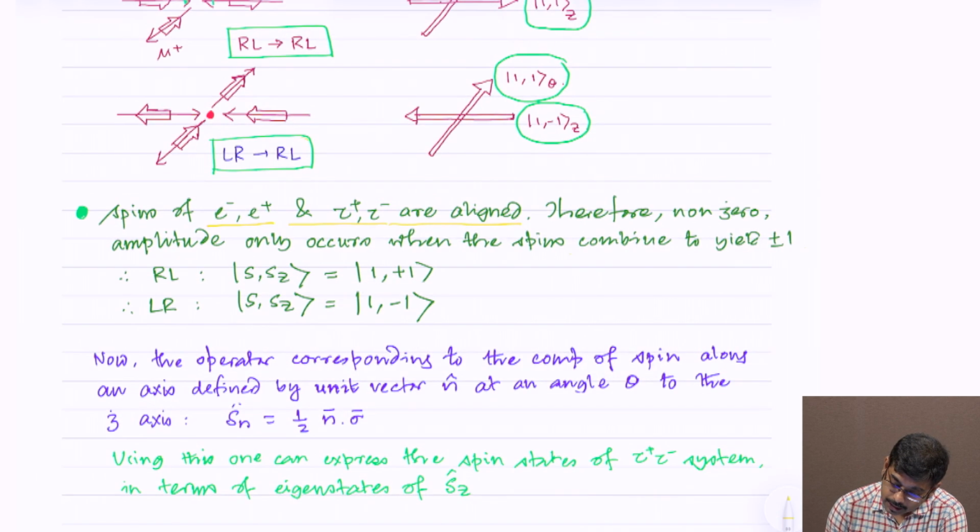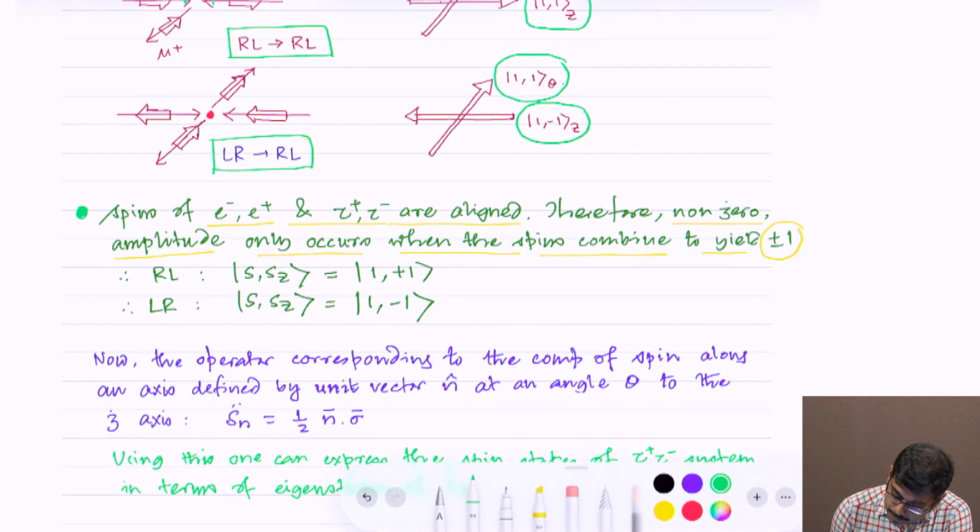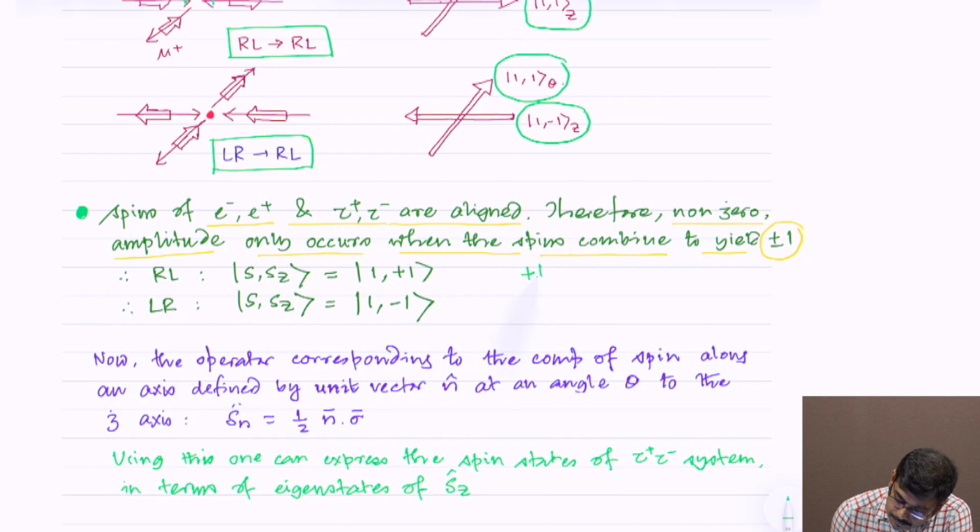Eventually what happens is that the non-zero amplitude only occurs when the spins combine to give you spin configurations of plus or minus 1. So you can imagine that you have spin plus half and plus half, which can give you plus 1. You can have plus half and minus half, which can give you 0.